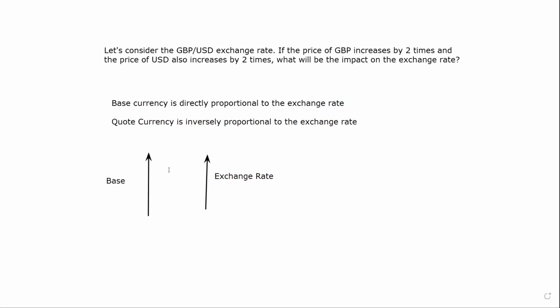So when the base currency increases, then the exchange rate will also increase. When the base currency decreases, then the exchange rate will also decrease.